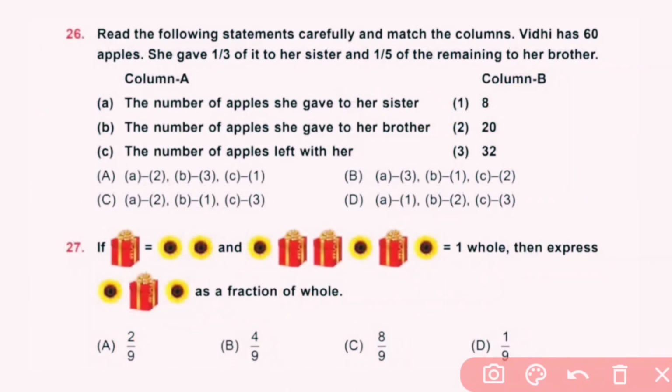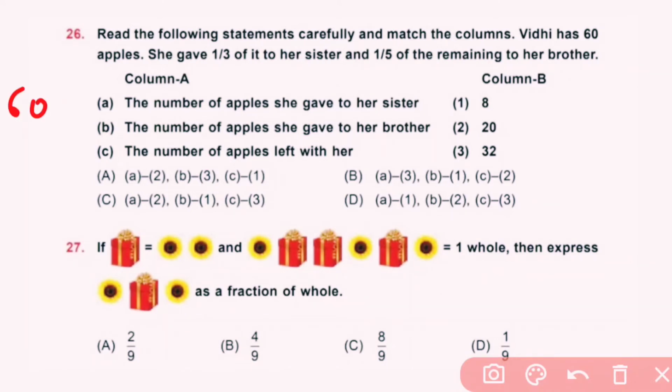Question number 26. Read the following statement carefully and match the column. Vidhi has 60 apple. She gave 1/3 of it to her sister and 1/5 of remaining to her brother. Column A1. The number of apples she gave to her sister. She is having 60 apples.